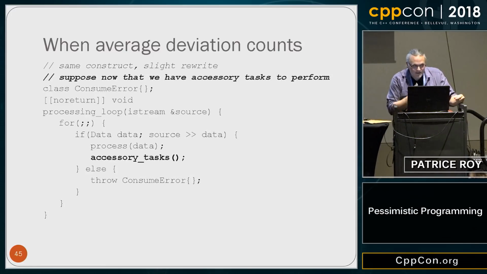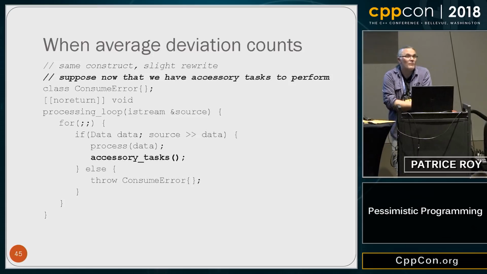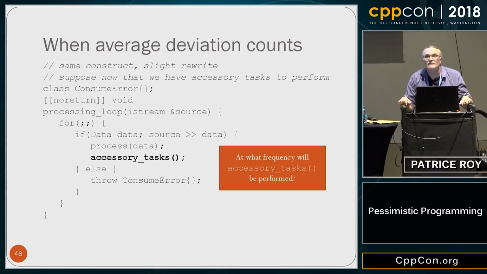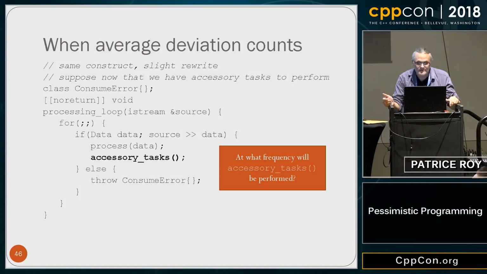So if you want to try to read and then perform some accessory tasks, they wouldn't be performed at a stable rate. They would be performed whenever you got something, and if nothing comes in, you're going to wait for a long time, and these tasks will wait. Might not be bad, depends on what you're doing. But we can't predict the rate at which we'll be able to do the thing in this case, which is annoying.